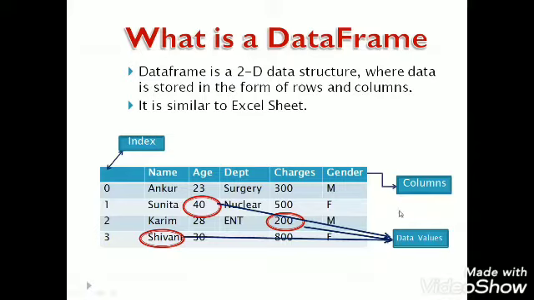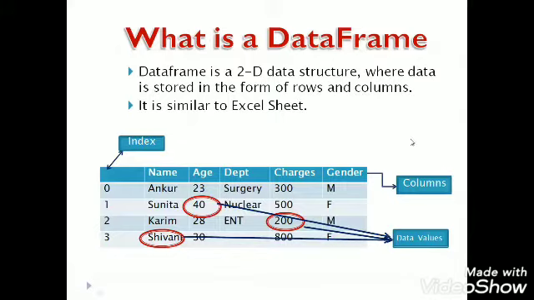These are known as columns, and the data part for each column is known as data values or data item, you can say. So this is our data structure. This is the fundamental structure of data structure. We have multiple columns here. So it is two-dimensional. In one dimension we have rows, and in the second dimension we have columns.